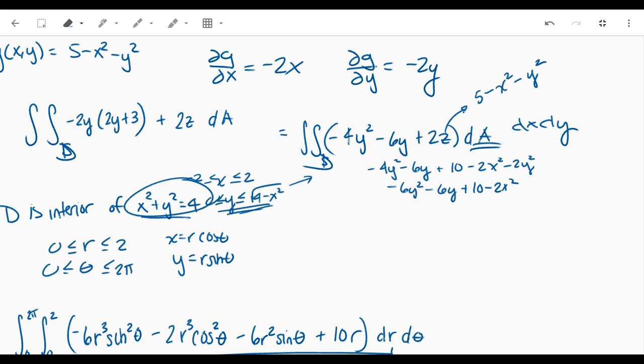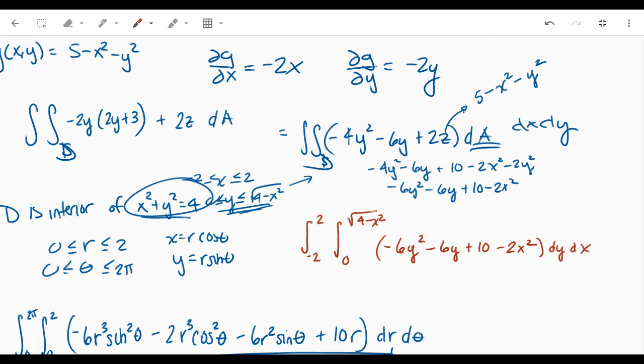But I'm going to show you, had we left it, let's see how far we can get with it. I'll switch colors here so it doesn't blend in too much. So if we had done the integral from -2 to 2 for the x's and 0 to the square root of 4 minus x squared for your y's of -6y squared minus 6y plus 10 minus 2x squared dy dx.